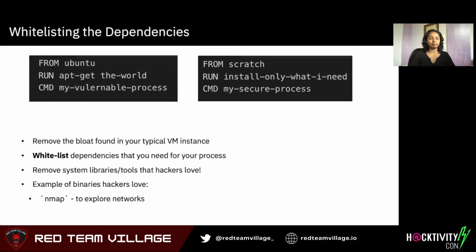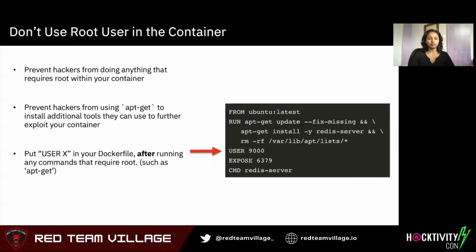So here's an example. You have to whitelist all the dependencies that are present in your container image itself. And then at any point in time, we cannot use the root user in the container, right?